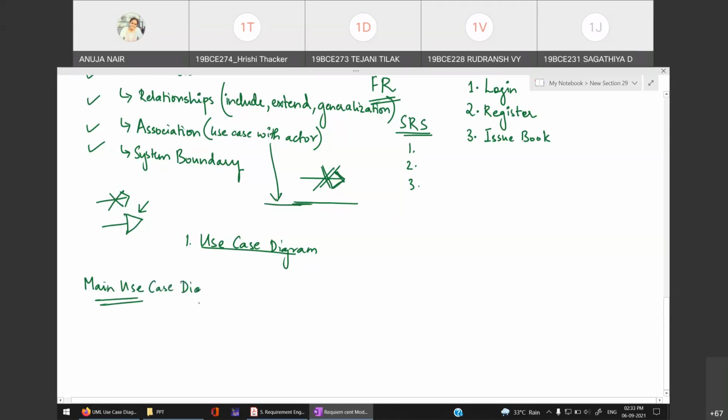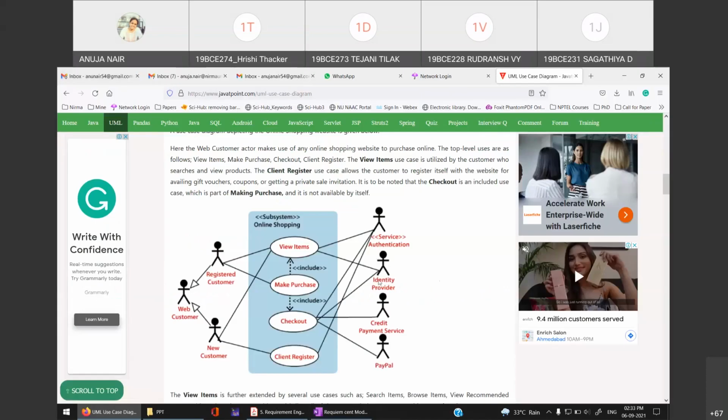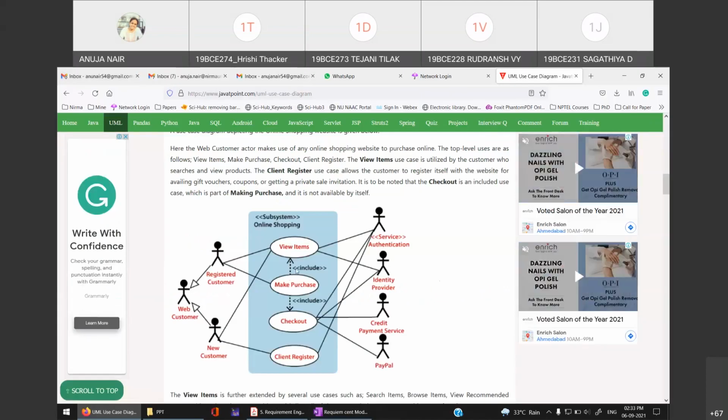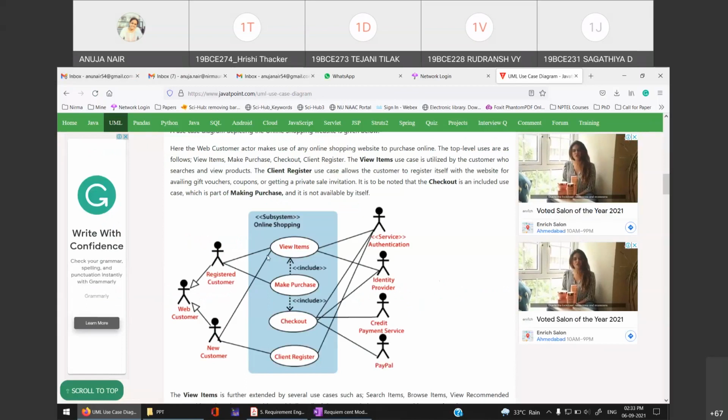This main use case diagram will consist of all actors plus all major functionalities. So if I look here, I have all the actors, and all major functionalities I have listed in this use case.